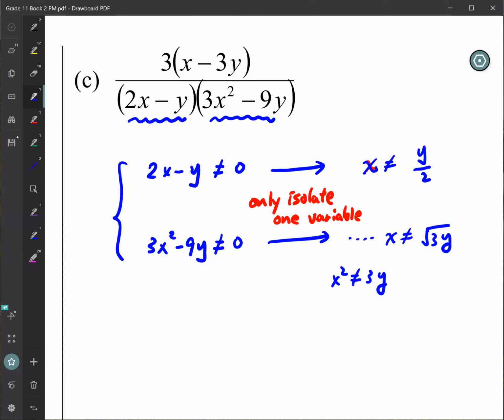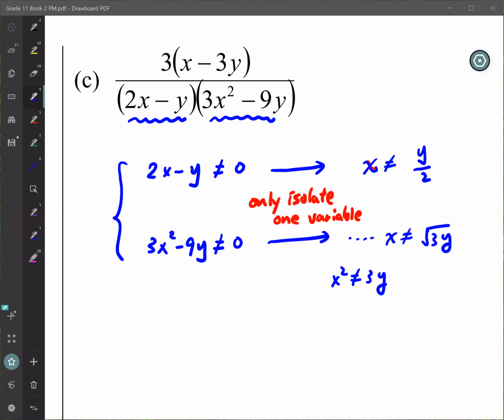Okay. Anyone else have a different answer or want to add to the answer? Is that all? Everyone got the same? Elaine, what do you think? I got the same. Does anyone want to add to the answer? Do we have all the restrictions? Are we missing something?